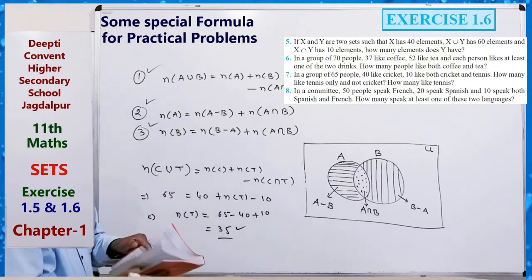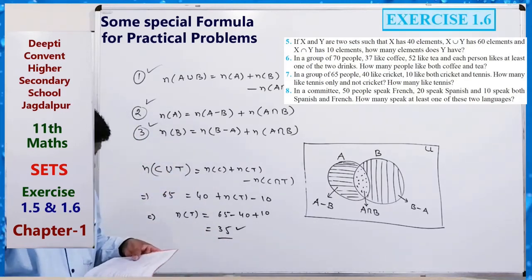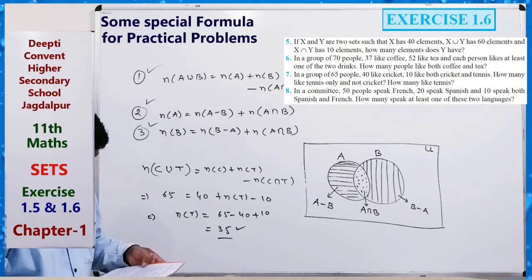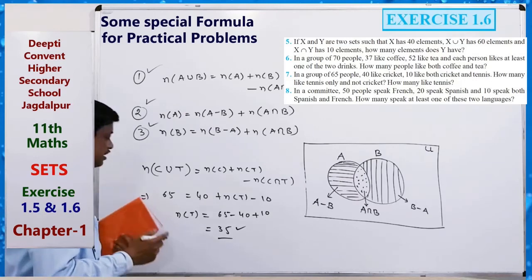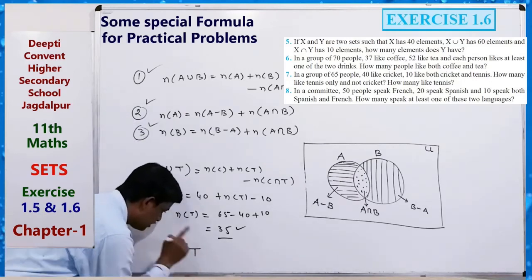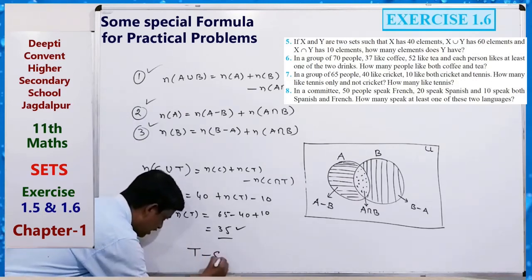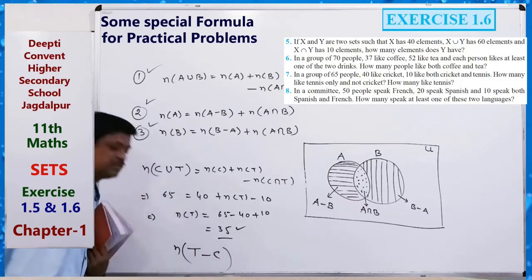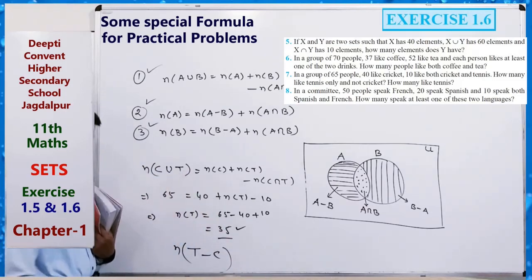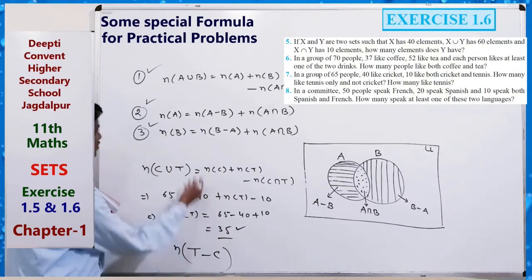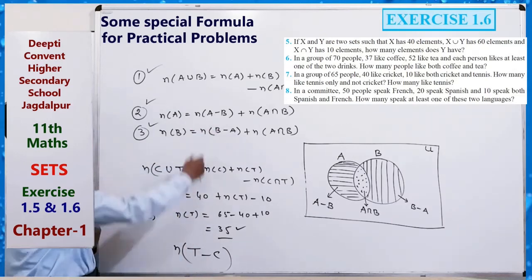And also we have to find how many like tennis only, not cricket. That means tennis, not cricket, so we have to find N(T minus C). We can use this formula.